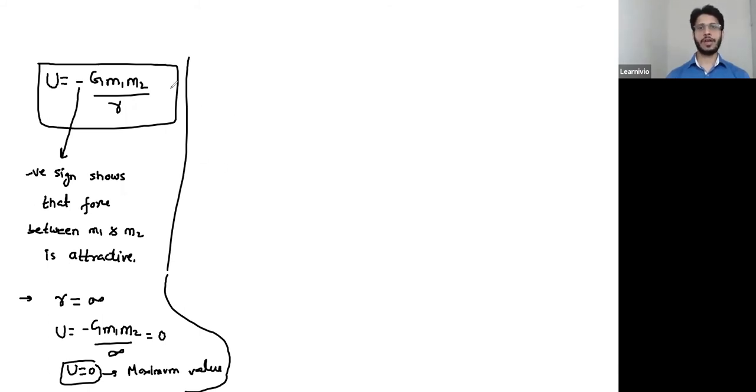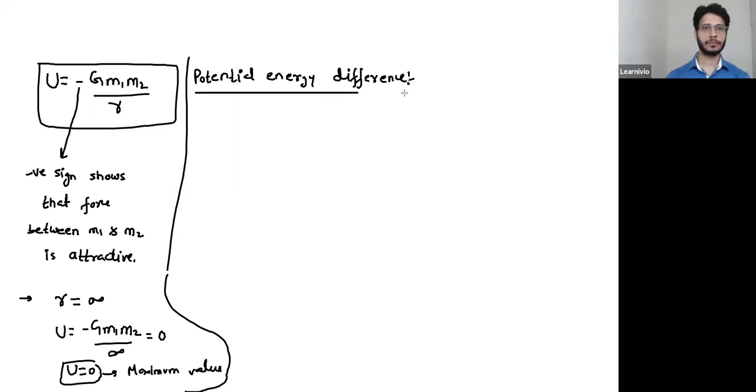Okay, after this value of potential energy, let's do one more small concept, which is potential energy difference. In potential energy difference, let's say this is mass M1.